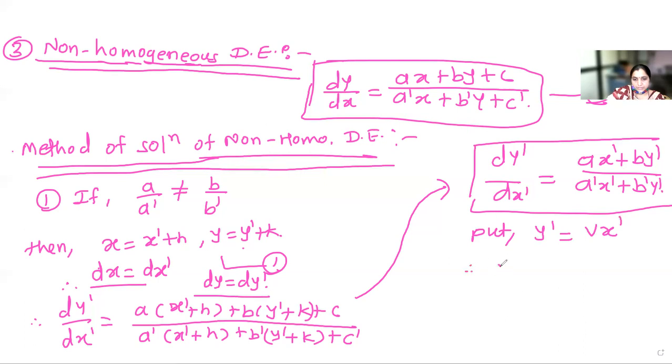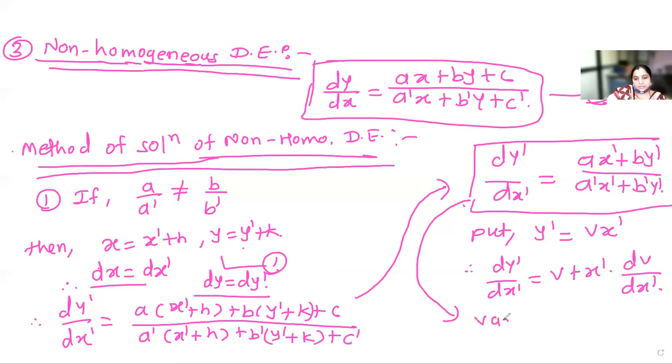Therefore dy dash by dx dash becomes v plus x dash into dv by dx dash. After using this substitution, your homogeneous equation is converted into which form? Variable separable form.